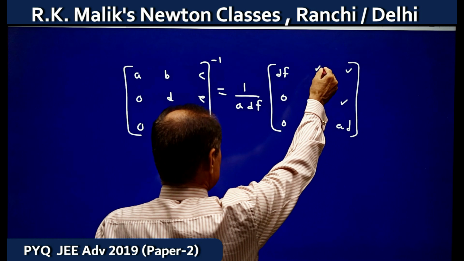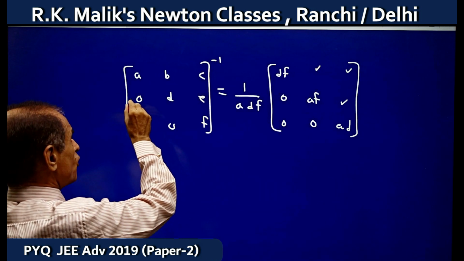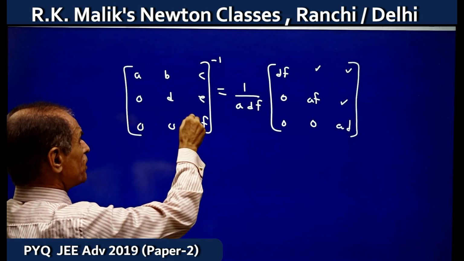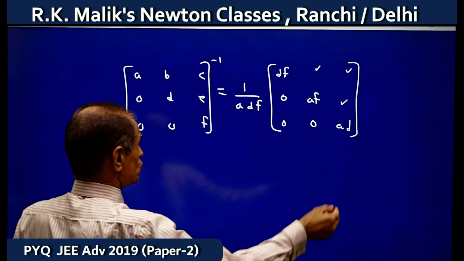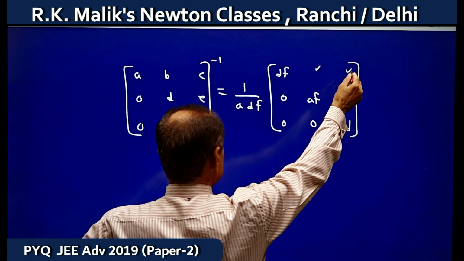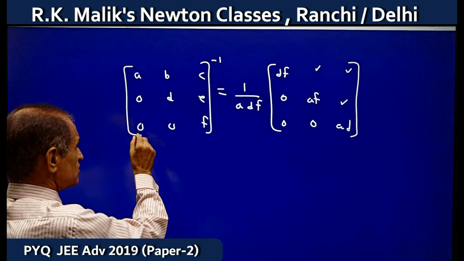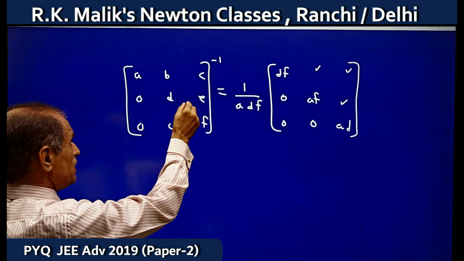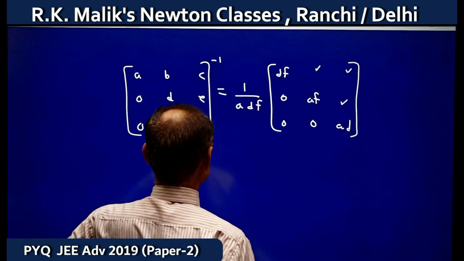To find the element here, find the cofactor of this element, which will be minus BF. Minus BF will be written here. To find the element at this position, find the cofactor of this position, that is BE minus CD. Here BE minus CD will come.